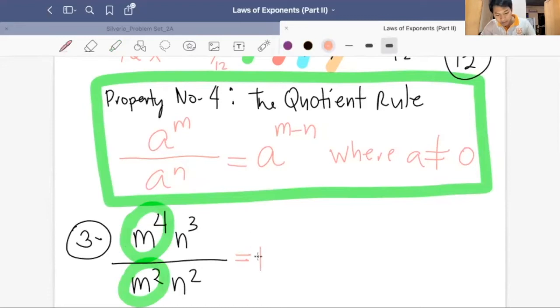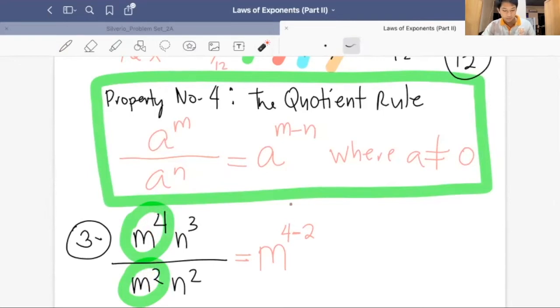So let's copy the base, and subtract the exponent of the denominator from the exponent of the numerator. So 4 minus 2. Again, 4 minus the exponent of the denominator, which is 2.